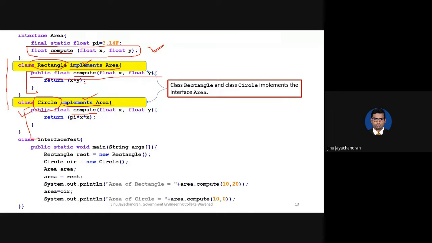But you see in class rectangle, the compute function calculates the area of the rectangle, which is multiplication of x and y. But in class circle, it computes the area of the circle, which is pi r square or pi x square. But you see the pi is actually from the interface. You haven't declared pi inside the class. Okay.